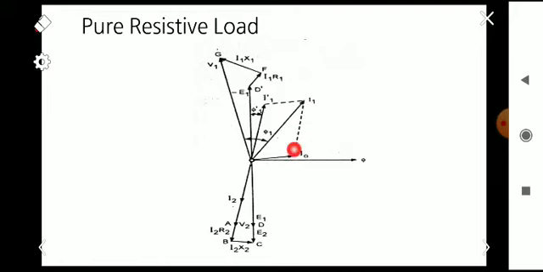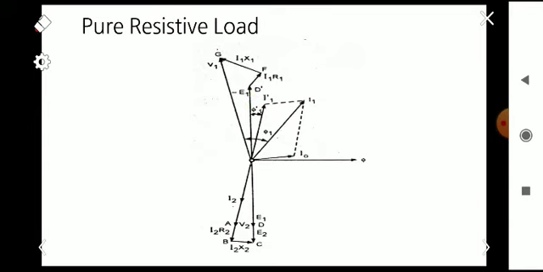and I0 is a small current vector. After that we will draw E1 with a 90 degree lag with respect to the flux phi, that is with the magnetizing current Im. We will draw E1 here, and in exact phase opposition to E1 we will draw minus E1.